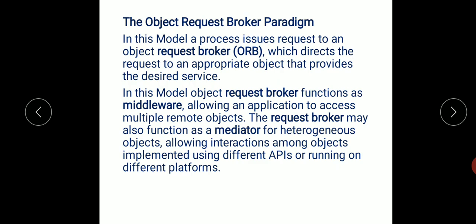In this model, the object request broker functions as a middleware, allowing an application to access multiple remote objects. The request broker may also function as a mediator for heterogeneous objects, allowing interactions among objects implemented using different APIs or running on different platforms. The requester will contact the request broker, and the request broker will take the requester to the objects.